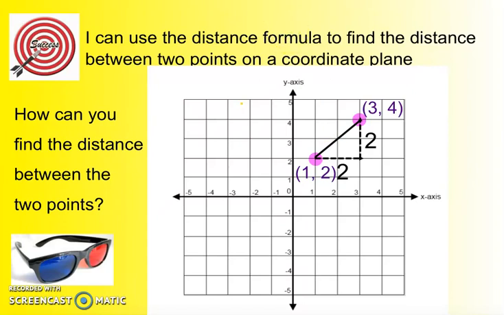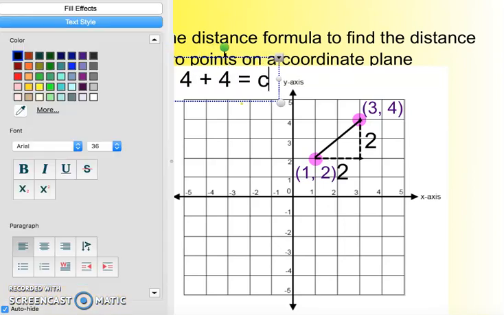In our previous videos, we actually used the Pythagorean theorem to find the hypotenuse. And so we could do the same thing. So we could go 2 squared, which is 4, plus 2 squared again, which is 4, equals c squared.